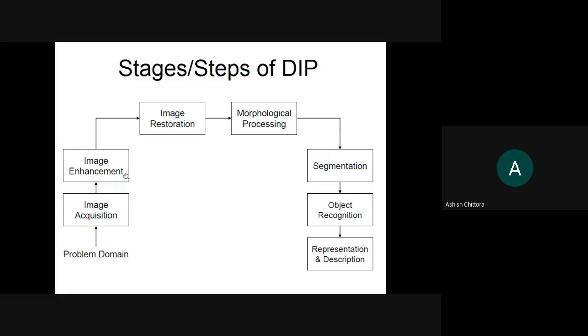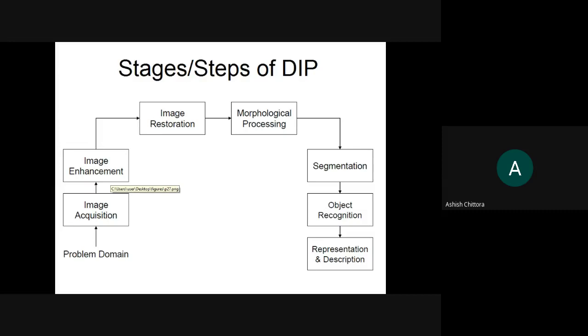This system itself can have this image enhancement block. This image enhancement block will enhance the image. This enhancement will be applied either for machine perception or for perception by humans. Suppose we talk about medical images like X-ray or MRI scan.